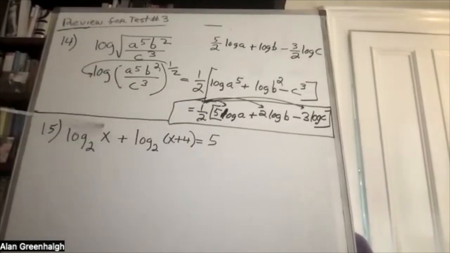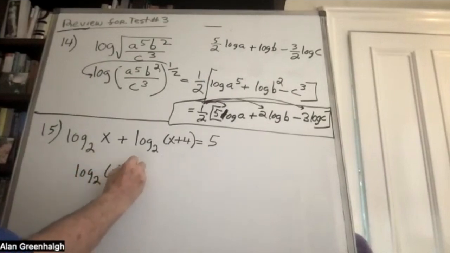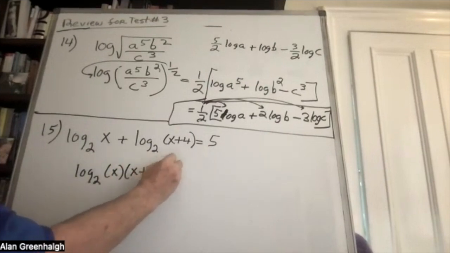In this problem, we have the expansion, and now we want to make it compressed. So this would become the log to the base 2 of x times x plus 4 equals 5.